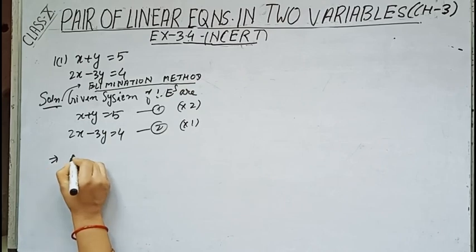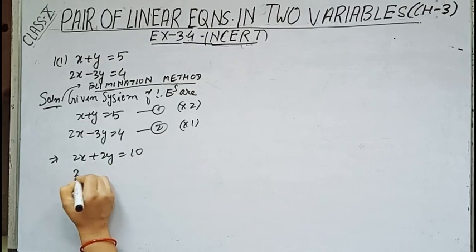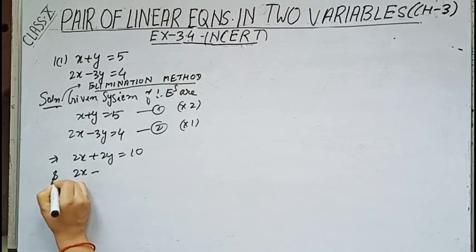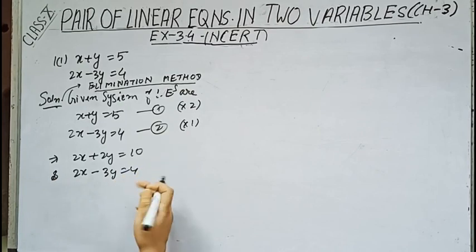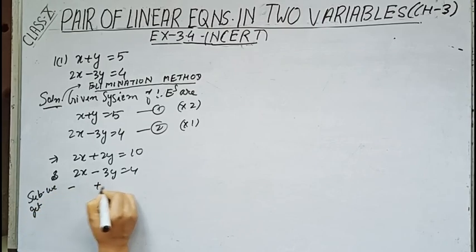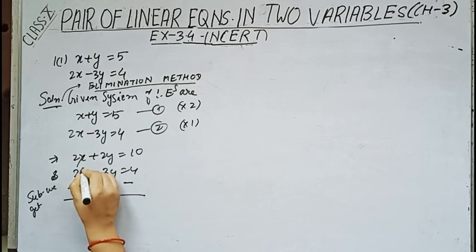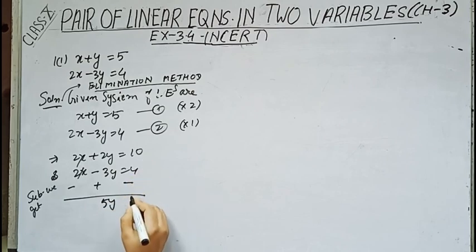So this implies 2x plus 2y equals 10 and 2x minus 3y equals 4. This is equation 2 I have written. So subtracting, we get minus plus minus. These two cancelled and 2y plus 3y is 5y, and 10 minus 4 is 6. So y equals 6 by 5.